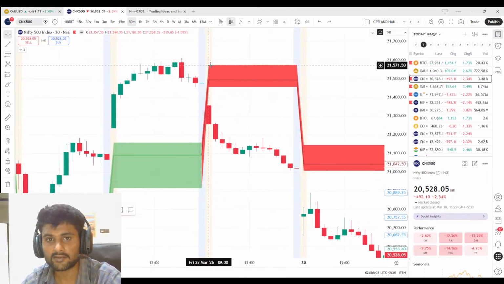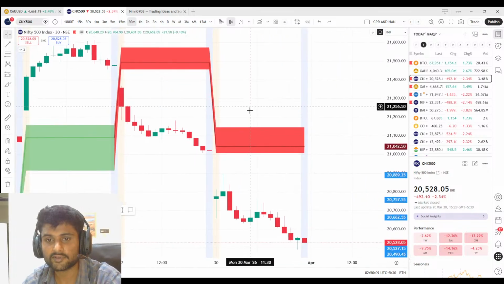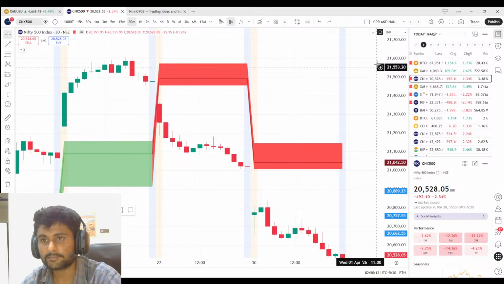We'll discuss the maths about these 3 lines. This is Value Area High, this is POC, this is Value Area Low. Same for a different day: Value Area High, Low and POC.